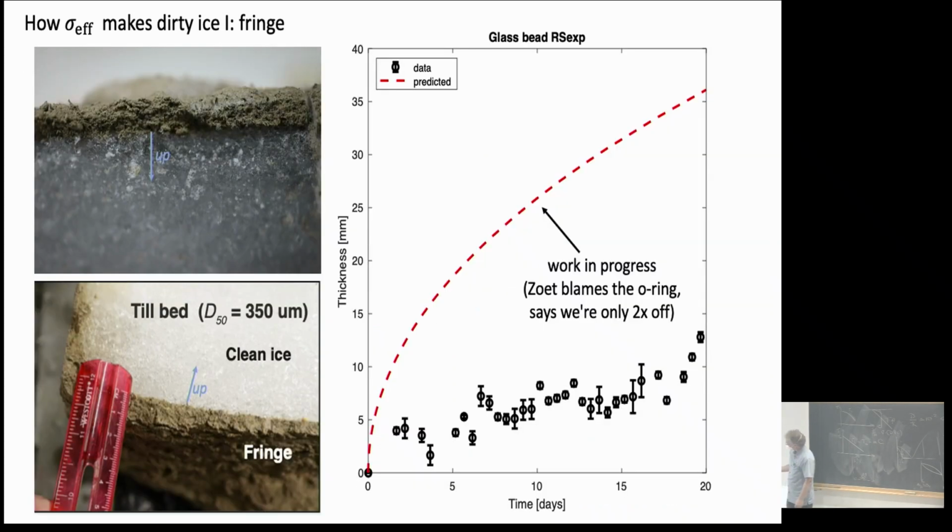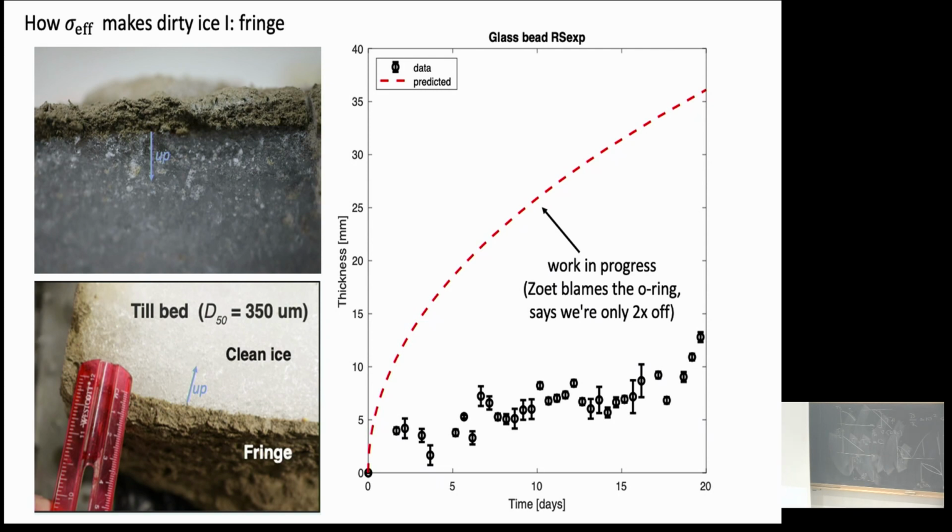Okay, well, so here's honesty. This is after a different experiment. We've developed about a centimeter of till. Our model predicted this ice thickness or fringe thickness through time. This was the data. My collaborator tells me that actually this curve should be down here because the O-ring was leaking in some way and the effective stress that they thought they had was not the right one.